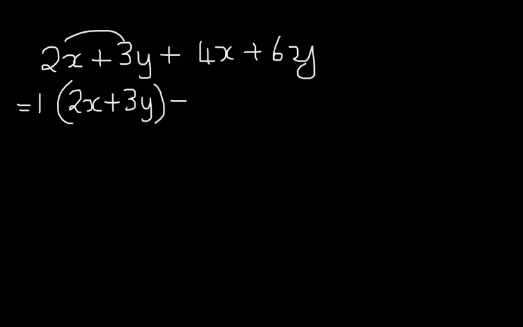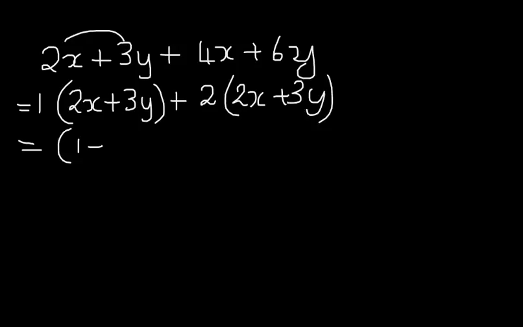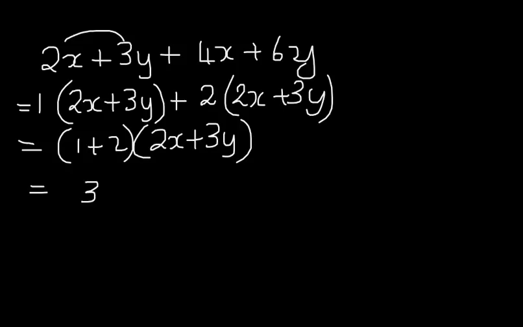And if you look at the second one, you can take out a 2, then you have 2x plus 3y. So your expression is then 1 plus 2 times 2x plus 3y. And that gives you 3 times 2x plus 3y.